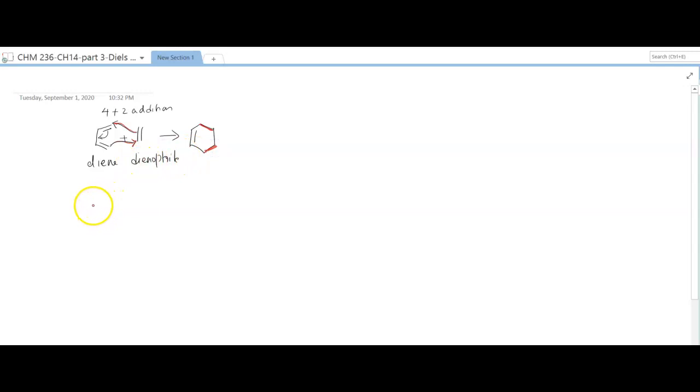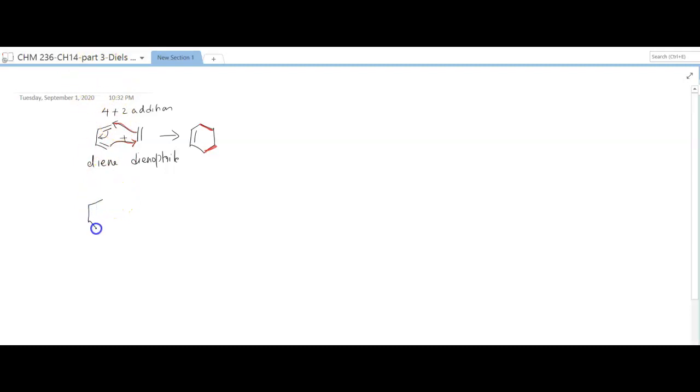The simplest of all Diels-Alder reactions is that of 1,3-butadiene. So this is our 1,3-butadiene. Let's take another example, where we change the dienophile and keep the diene the same.